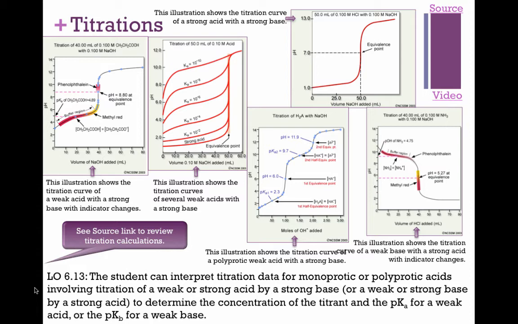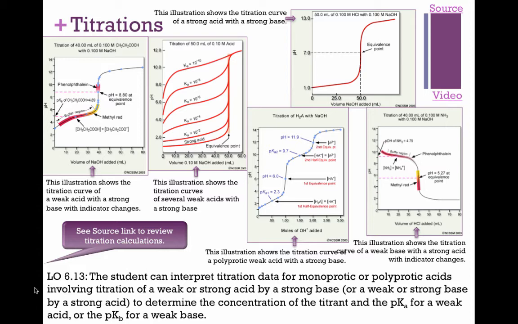You're not even going to have a double arrow, because all you're doing is taking H plus and OH minus and making water. The strong-weak titrations, that's where you start with neutralization. You're neutralizing whatever's being added, and then you do equilibrium. So you do stoich, and then you do an ice table.